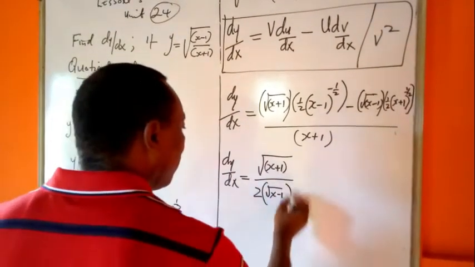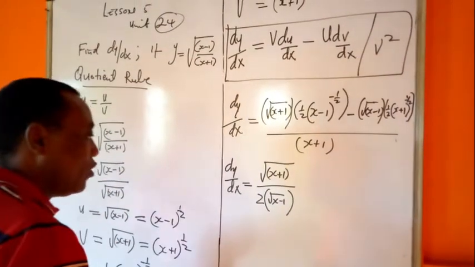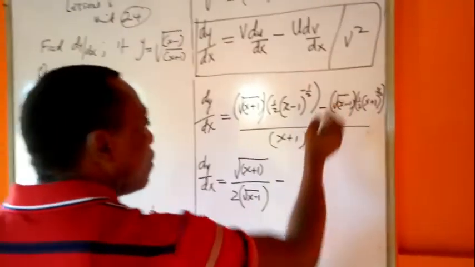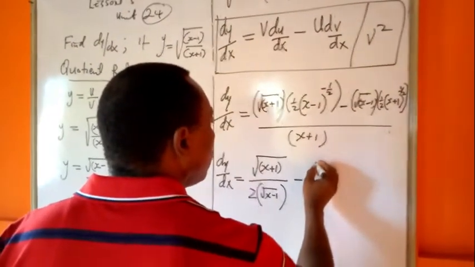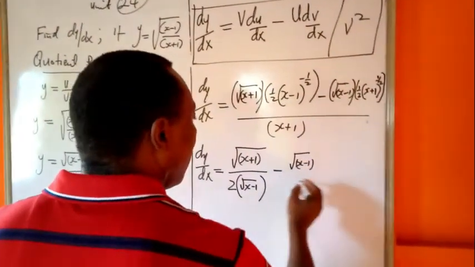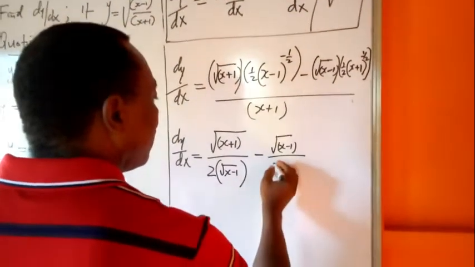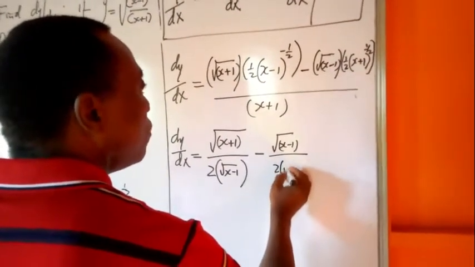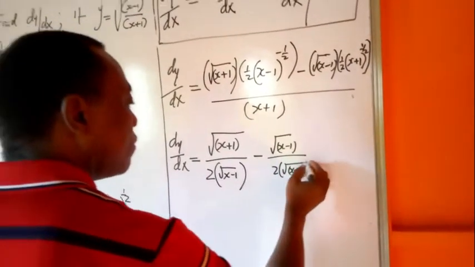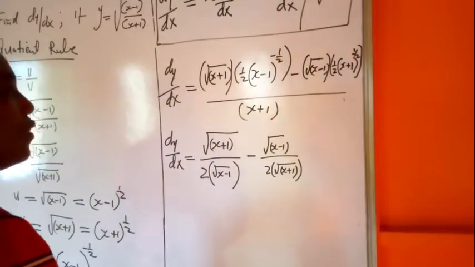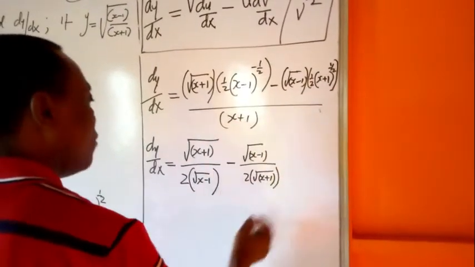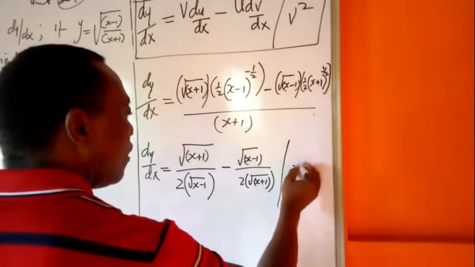That root is now the half, while the minus is the reciprocal. Now you have minus also root x minus 1, numerator, all over 2 root x plus 1. The minus is the reciprocal. Then you now have over x plus 1.